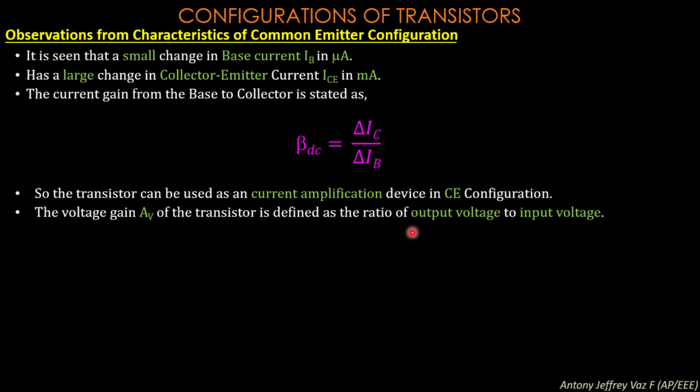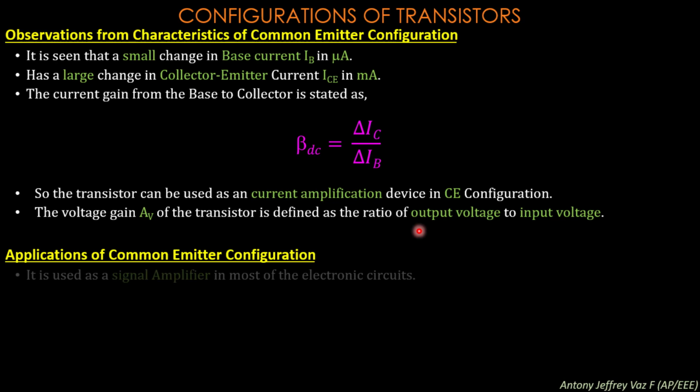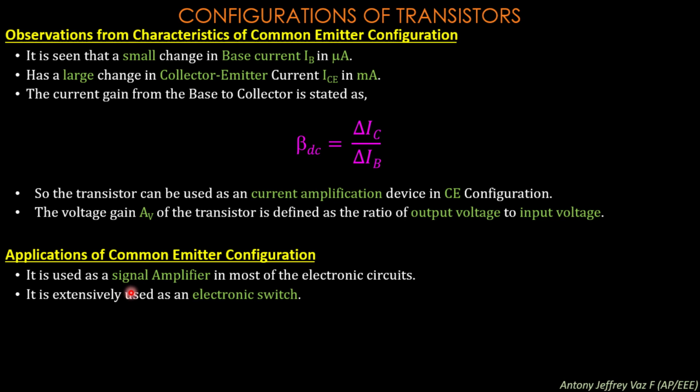Here the output voltage is the voltage across the collector emitter terminal and the input voltage is along the base terminal of the transistor. The major applications of common emitter configuration are: it is used as a signal amplifier in most electronic circuits, and it is used as an electronic switch.